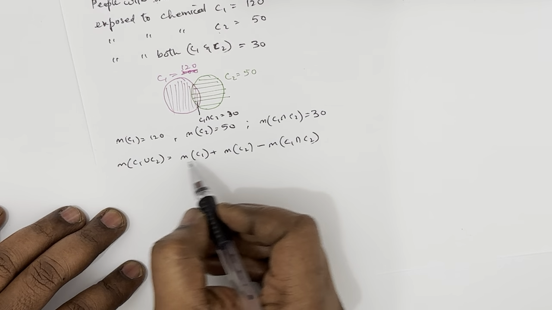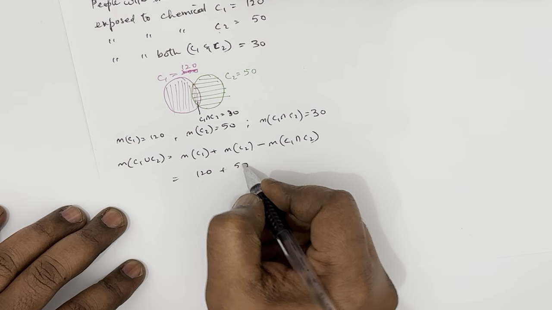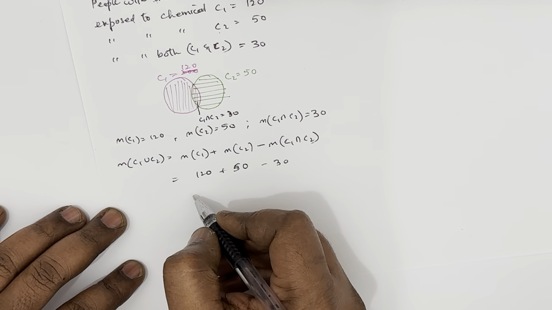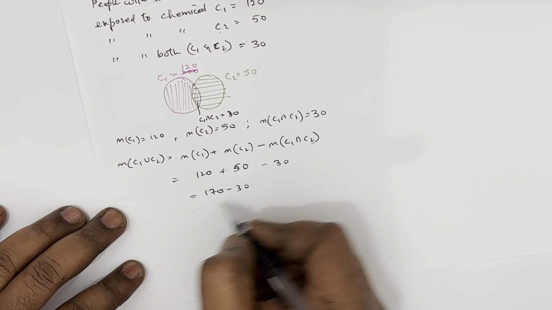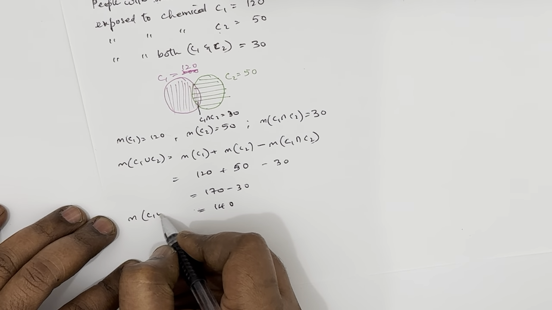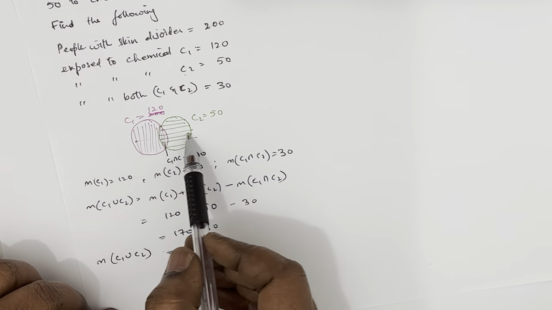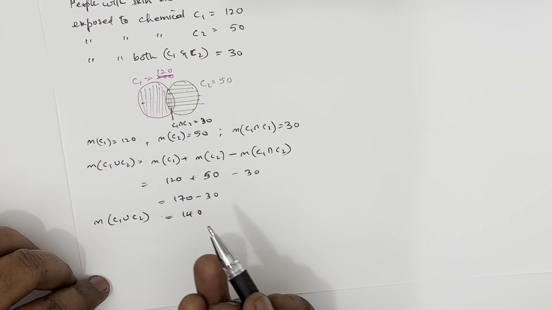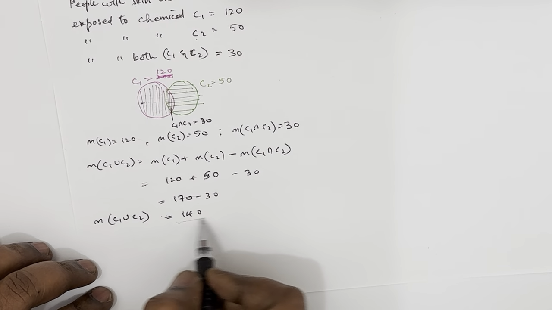So C1 is 120 plus C2 is 50, that is 170, minus 30, so you have 140. 140 is C1 union C2, the total people exposed to either C1 or C2. Total exposed people to the chemicals are 140.